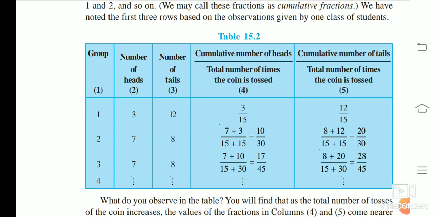Another group also tried 15 times: the first group tossed 15 times, the second group also tossed 15 times. For the first group the heads were 3, for the second group 7, so 7 plus 3 is 10, and 15 plus 15 is 30. Similarly for tails, 12 tails and 8 tails, so 12 plus 8 is 20, divided by 30. Like that you can record the table.